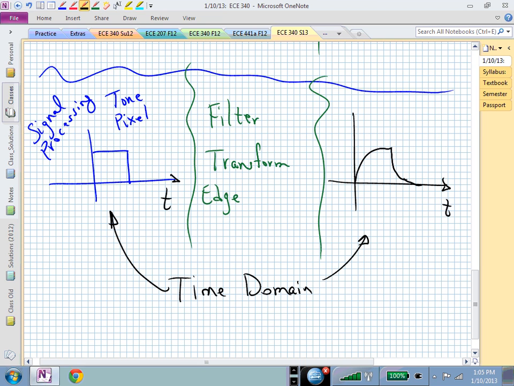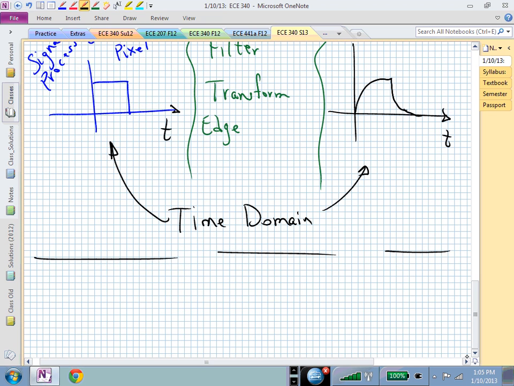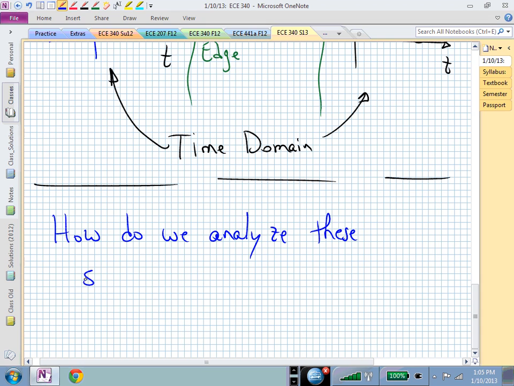And that's how we are going to be aided or helped in analyzing these signals and systems. That's our next question. How do we analyze these signals and systems?